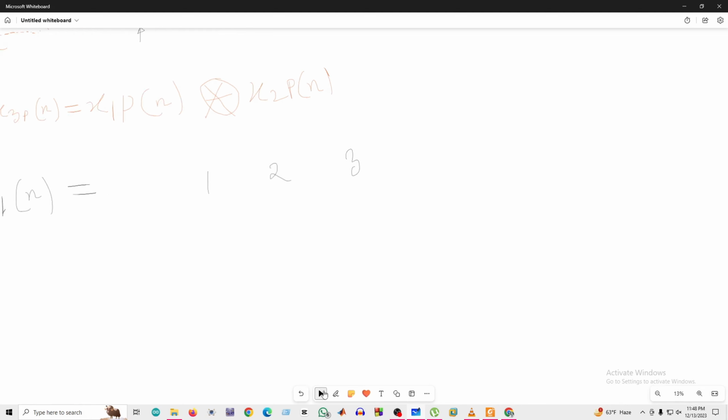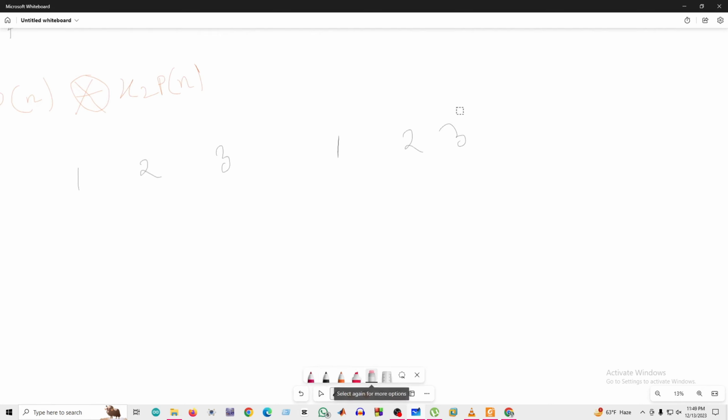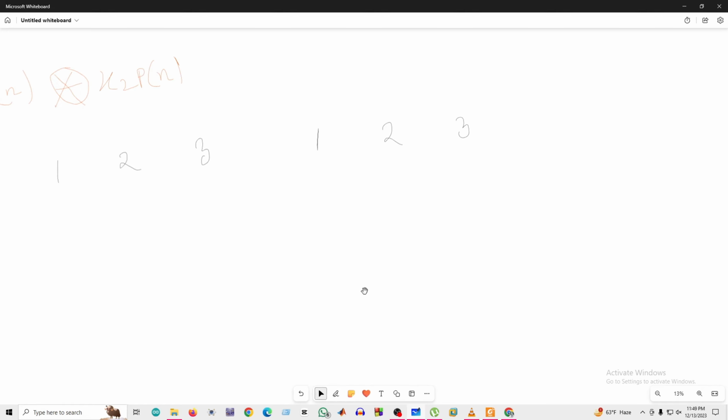And then again you maintain the apart distance. Let's write here 1, 2, and then 3. I think this apart distance is not very good, so let me erase this and create this type of apart. So this is the technique. Then you write again 1, 2, and 3.